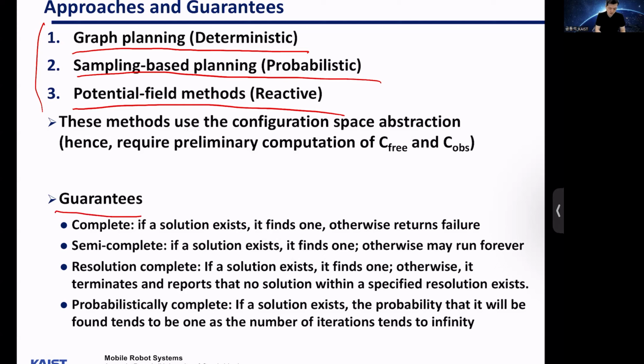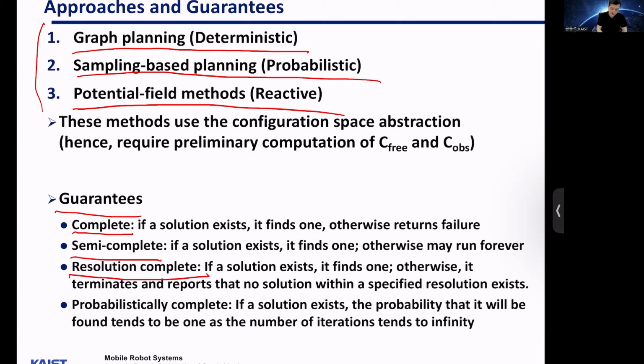When we talk about guarantees when it comes to planning problems or methods: if we say complete, then if a solution exists, it finds one. Otherwise, it returns failure. Semi-complete means if a solution exists, the method finds one. Otherwise, it may run forever.